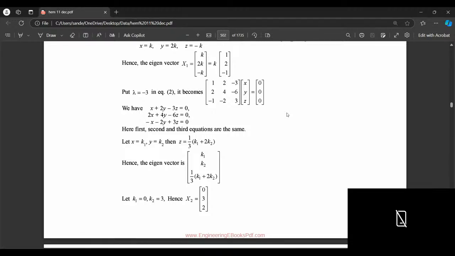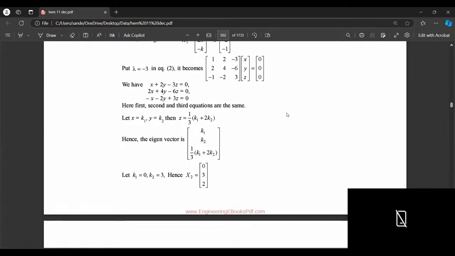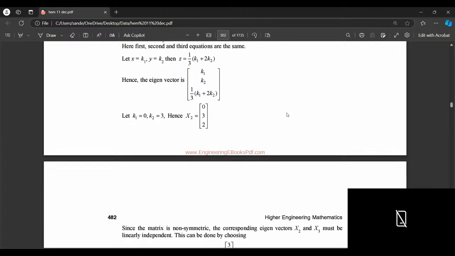If you have confusion, why we take k2 equal to 3? If k2 equal to 1, definitely that 3 in 0, 1, 2 by 3 we are getting here. So that 3 will be transferred, and 0, 3, 2 you will get. This is second eigenvector.